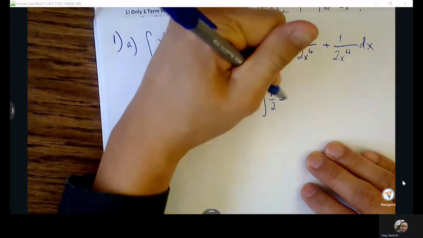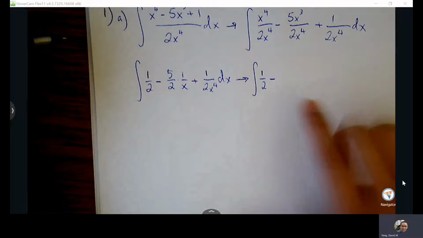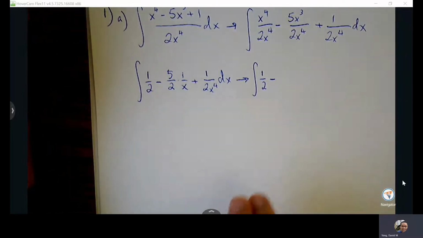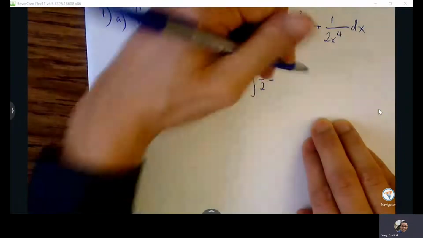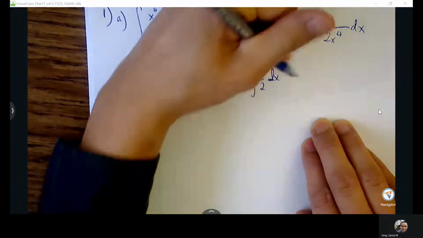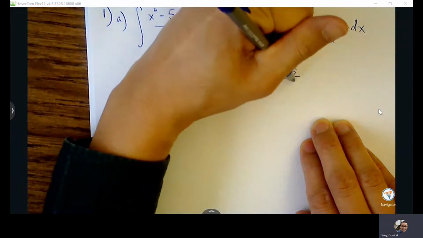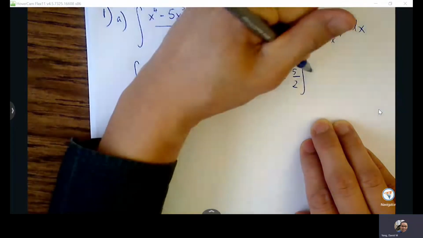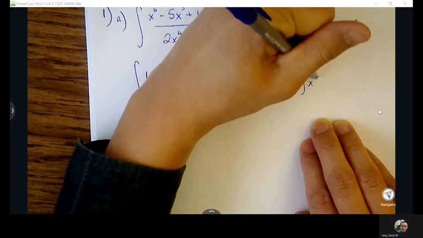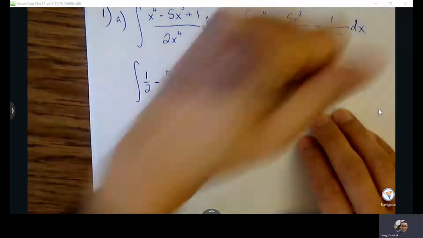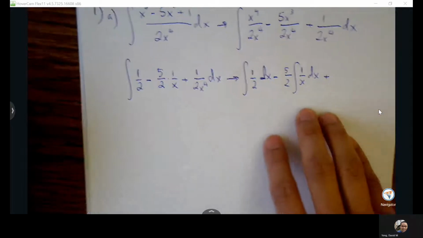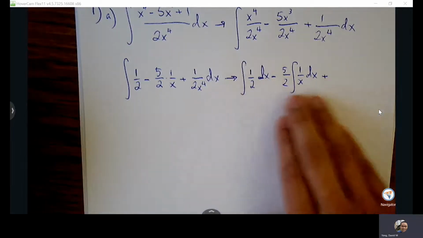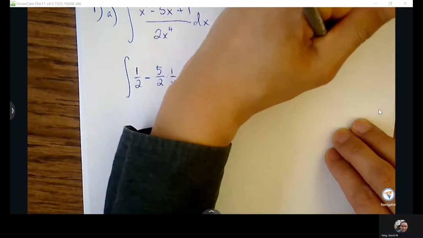minus, and really you don't have to do this, but I just want to stress the fact that these are really 3 separate problems, right? So you could really do 3 separate definite integrals. You don't have to, but visually, I'd like to stress how these are really 3 separate problems.